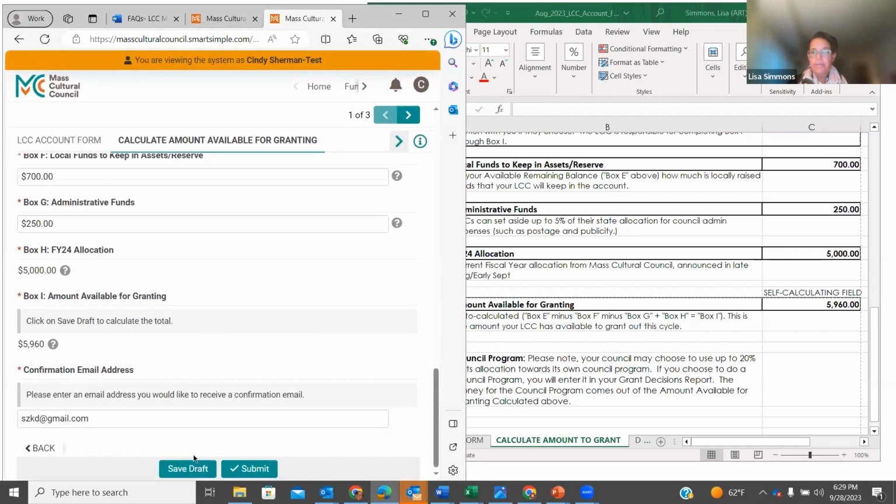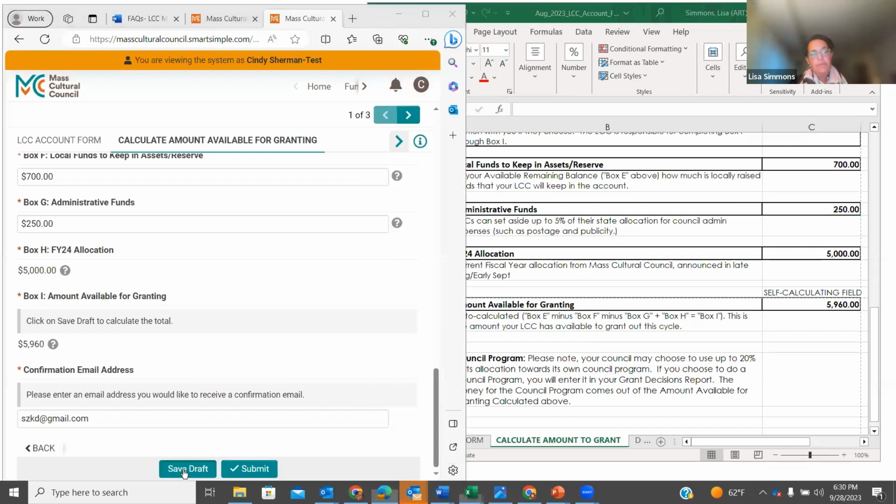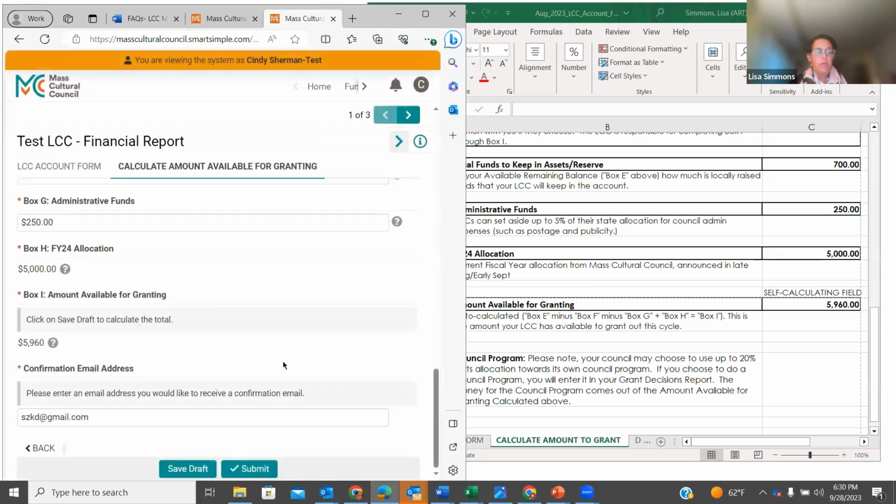That's why you need to hit save draft, because you might look at this and say, well, that's what I have for amount available for granting. It's not matching what I have in my town accountant municipal officer sheet. So before you try to figure out why that number's different, make sure you hit the save draft button. Then you're going to confirm your email address, and I put that in here.